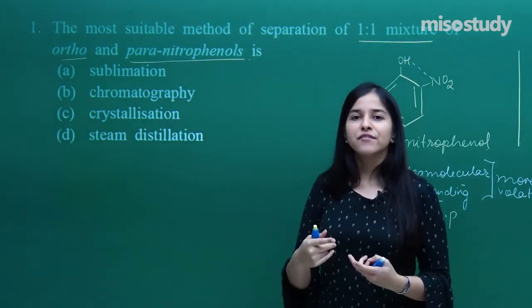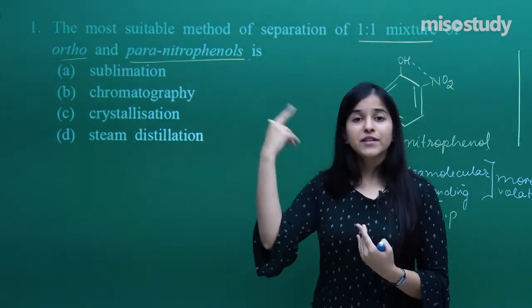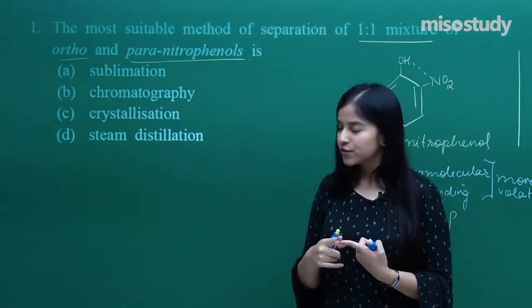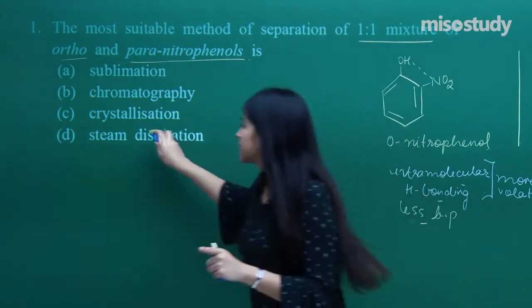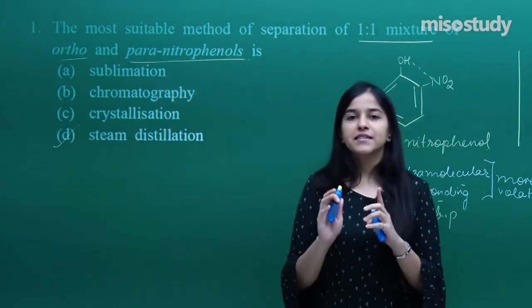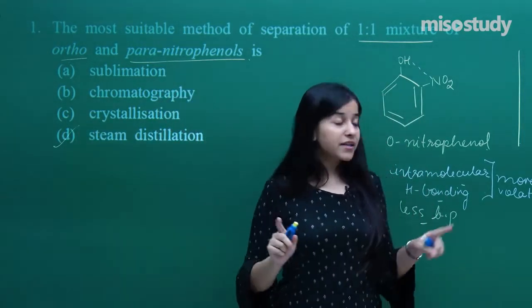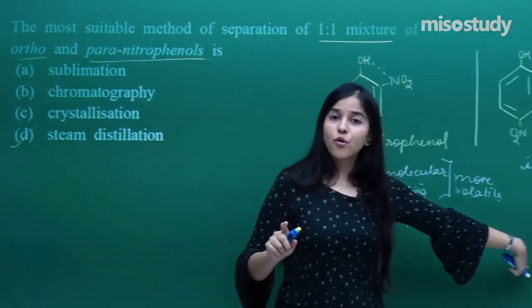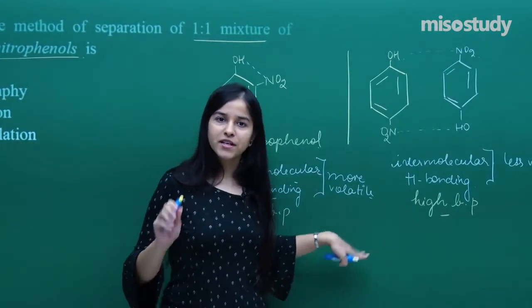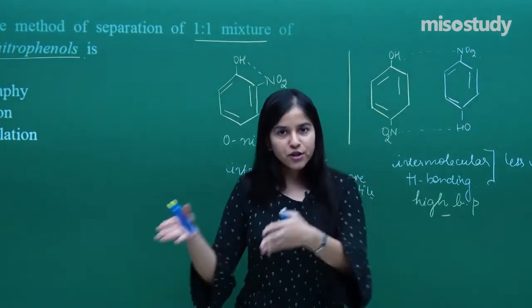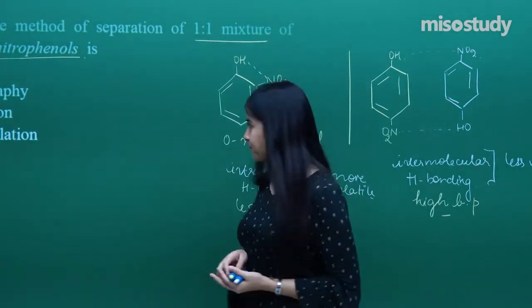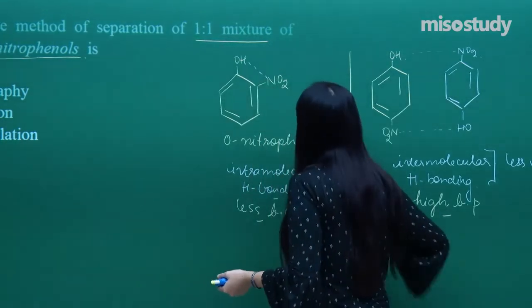Second, the one with the higher boiling point will be distilled off, right? That is why I am choosing D as my correct option. I hope everybody is getting my point and has understood the chemistry of what is going on in the molecules, right? First you need to observe what kind of molecules are given, then jump to some conclusion, right? Now, I hope that is completely clear.